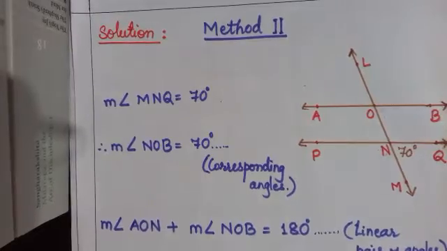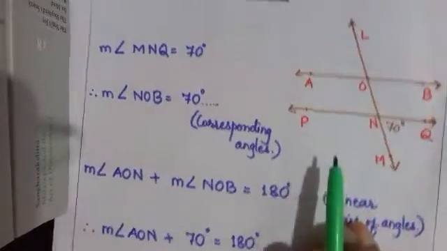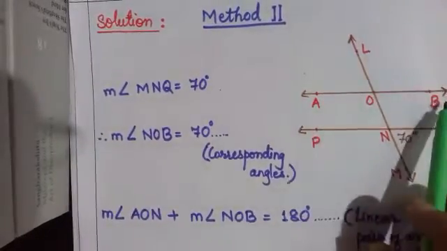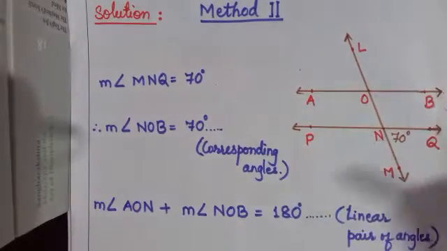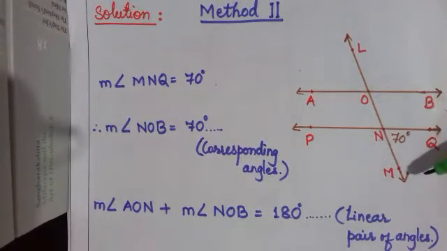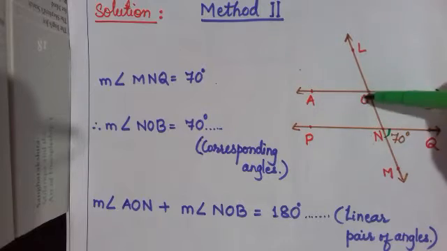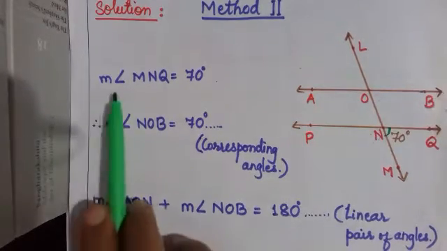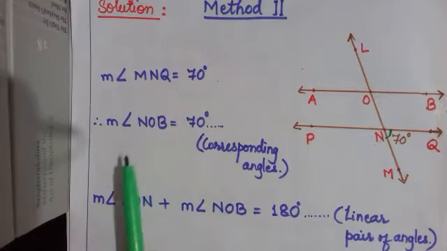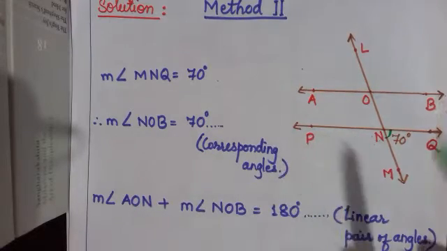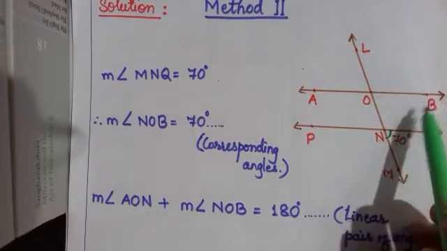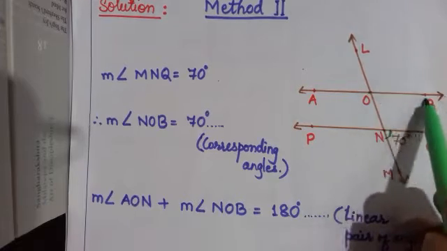So let us see the second method. Here also I have drawn the same figure. Line AB is parallel to line PQ and line LM is the transversal. Here also measure of angle MNQ is 70 degrees and we will find the angle AON. Now you can see angle NOB.